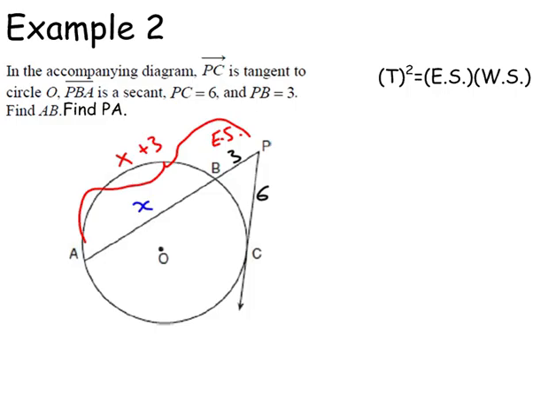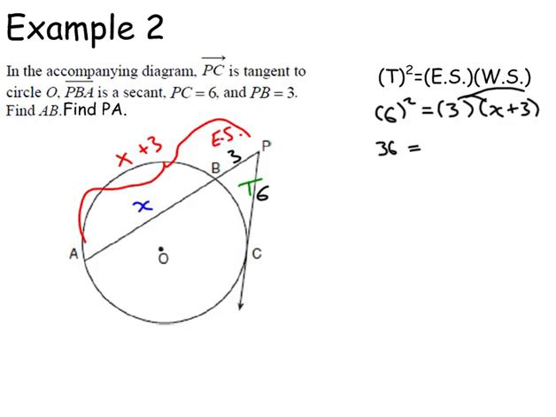And remember, I said that 6 is the tangent. So we will substitute, and we will get the tangent squared, 6 squared, equals the external secant, that's 3, times the whole secant, x plus 3. 6 squared is 36.